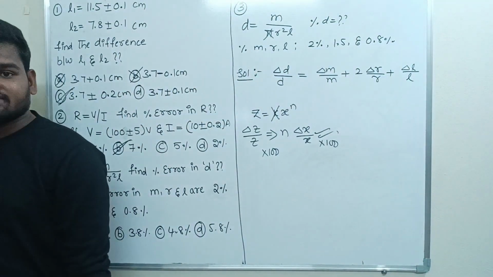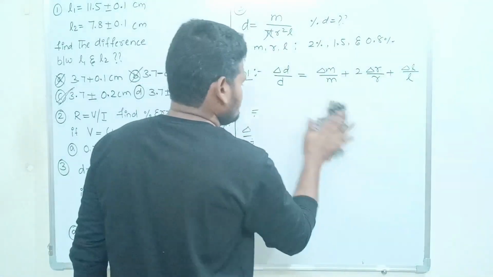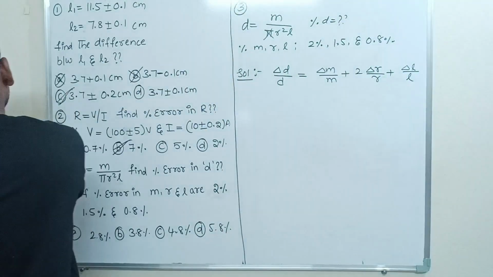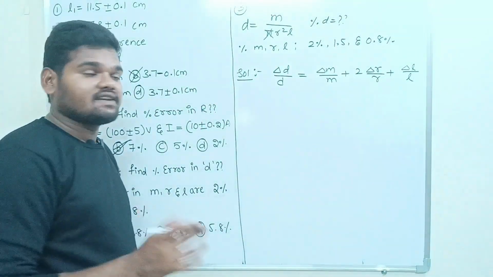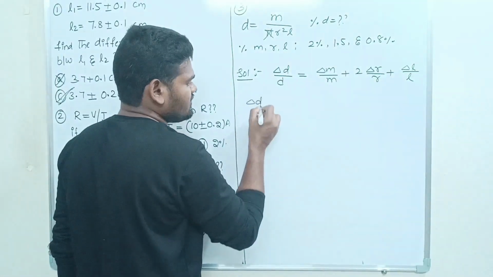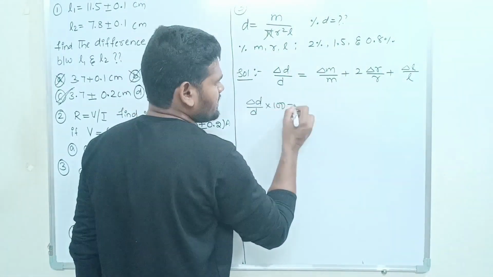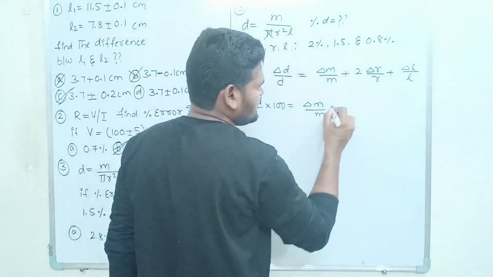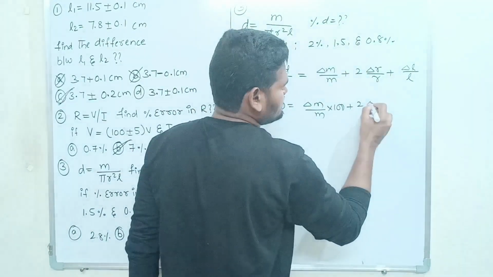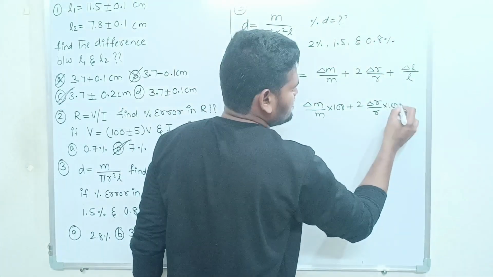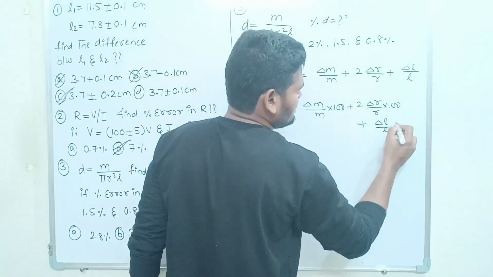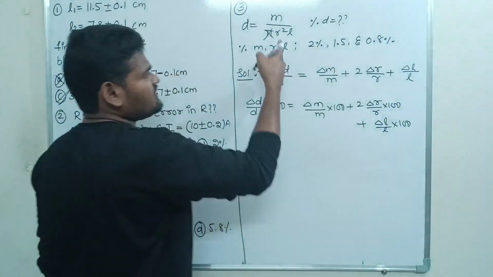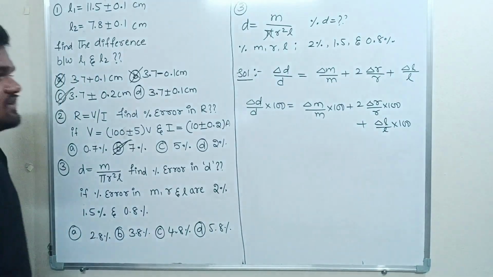Easy? To find the percentage error, multiply by 100: delta D by D into 100 equals delta m by m into 100 plus 2 into delta r by r into 100 plus delta L by L into 100. This 2 is the power of r.